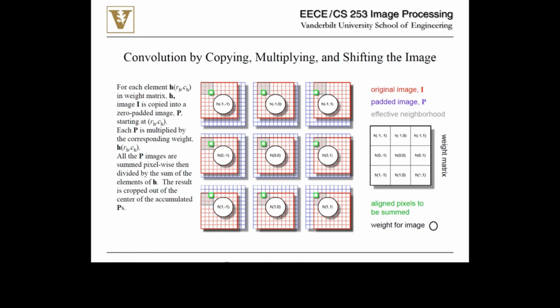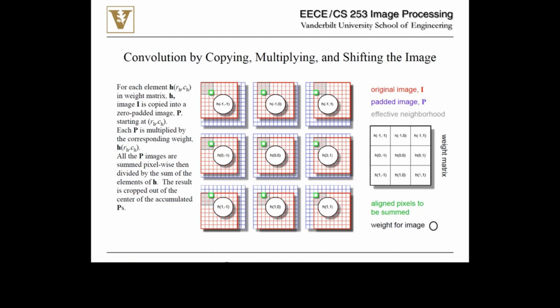This kernel is made of a sum of deltas, and this is the weight of the first delta, the weight of the second delta, the weight of the third delta, and so on. So all I have to do is shift the red image to the location given by that delta, multiply by the weight, and keep all those images.